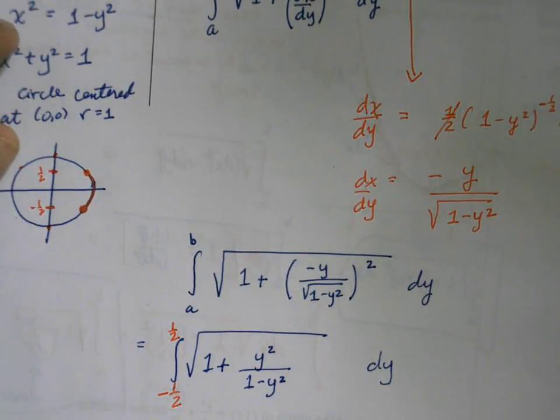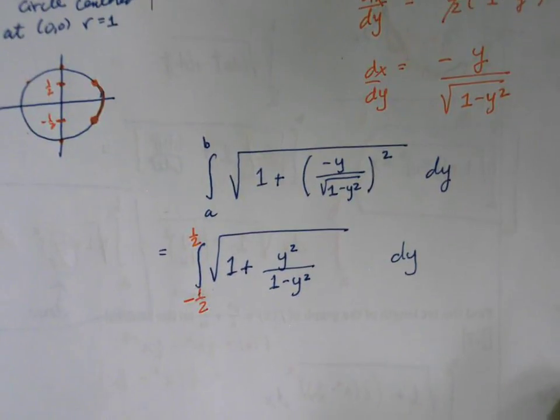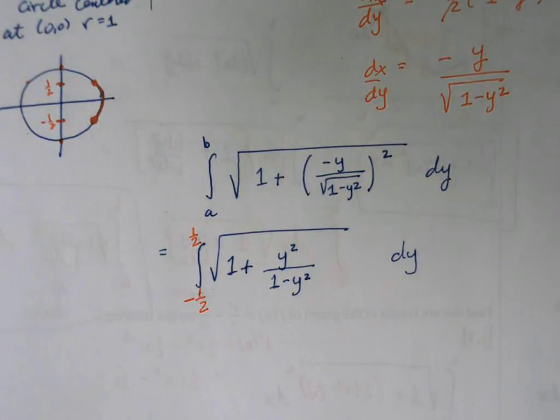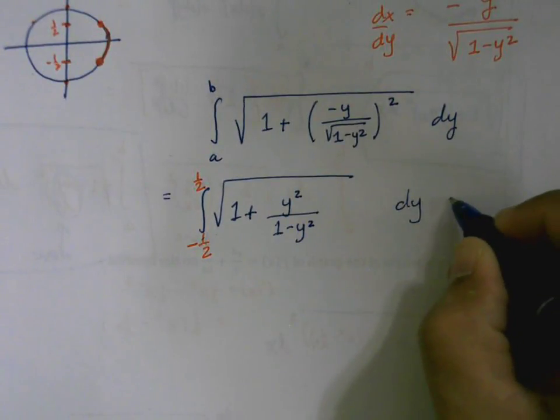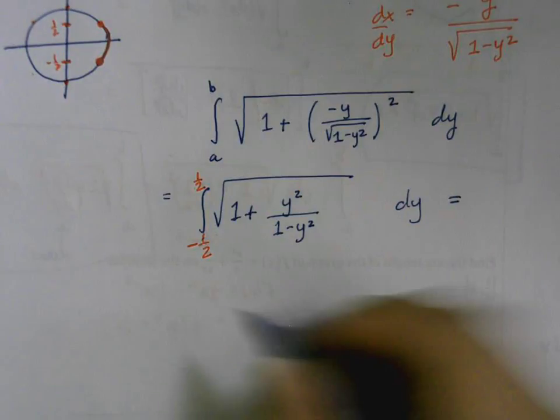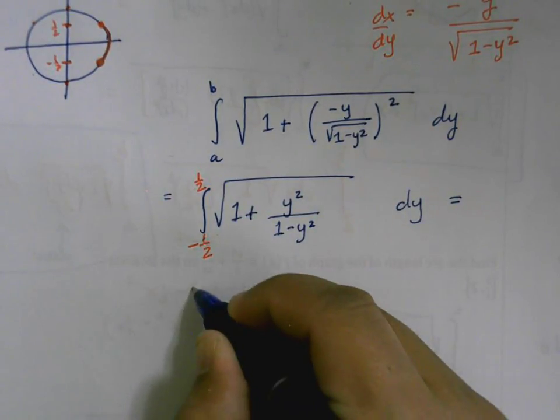Actually, I changed my mind. I don't want you to just plug into a calculator. If you are allowed to use a calculator, by all means go for it. But I'm going to show you a better way to just continue working on this and just to review and exercise your skills a little bit. The answer comes out to be pi over 3.